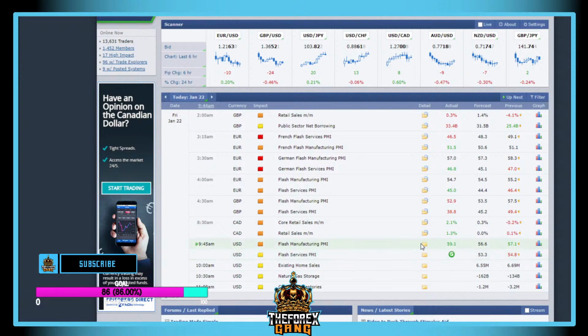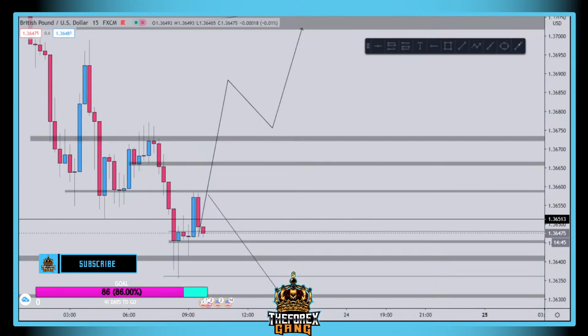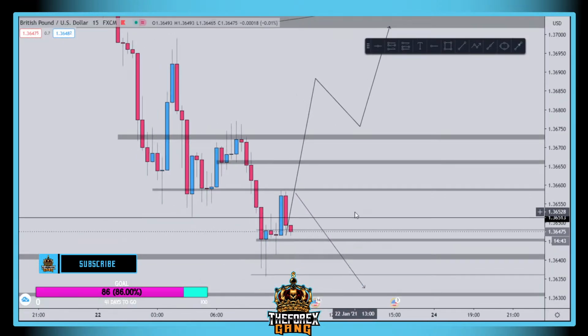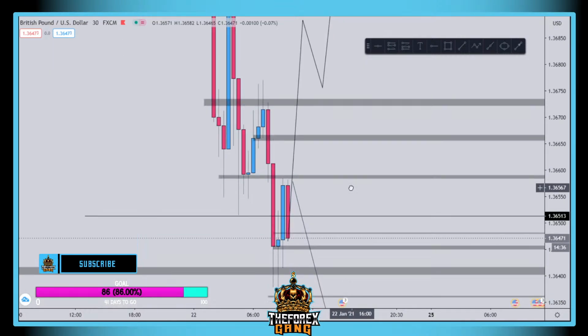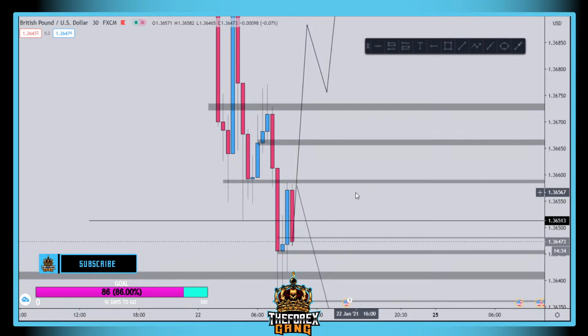Oh shit, it's good for the currency, so it should fall. Okay. I would enter either when this closes or when it breaks the low.